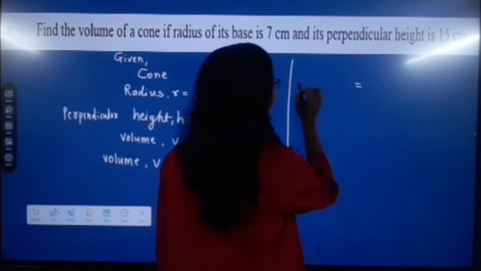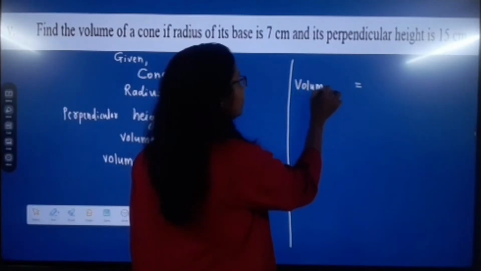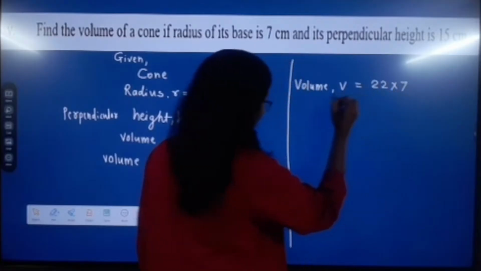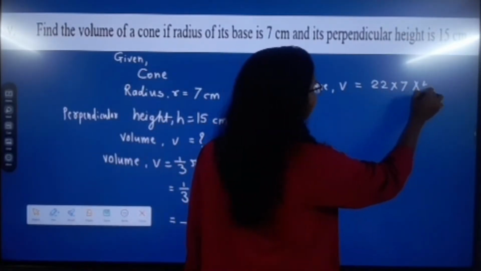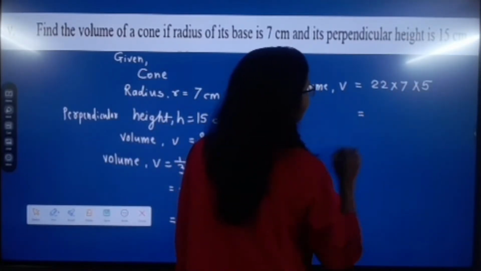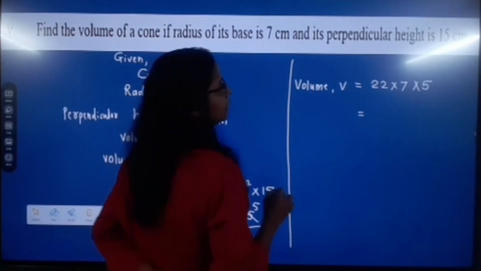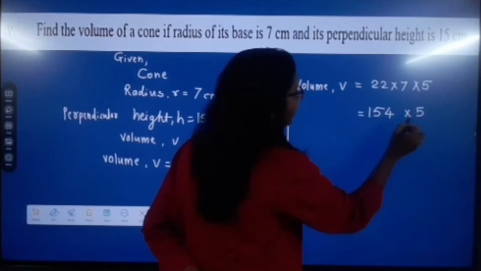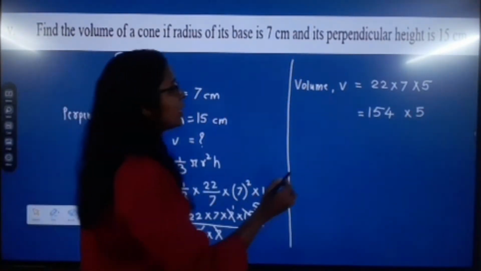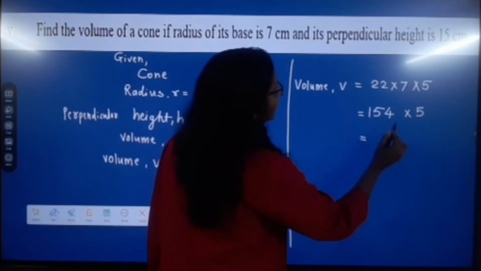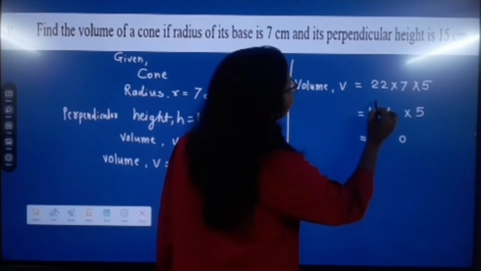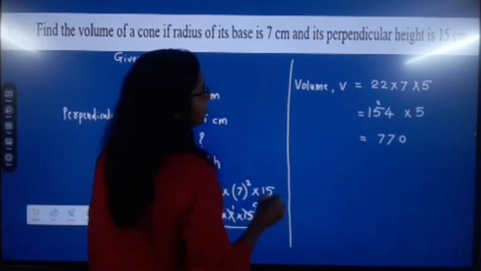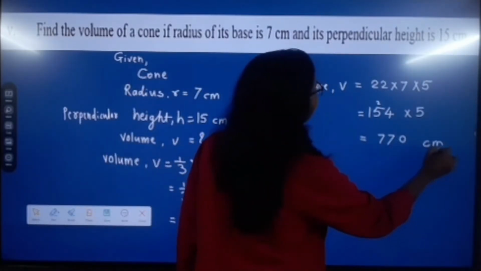So here I write down volume V is equal to 22 multiply 7 multiply 5. Okay. So here students, 22 multiply 7, that means 154 multiply 5. Okay. So multiplication of 154 multiply 5, that means here 770 cubic centimeter.